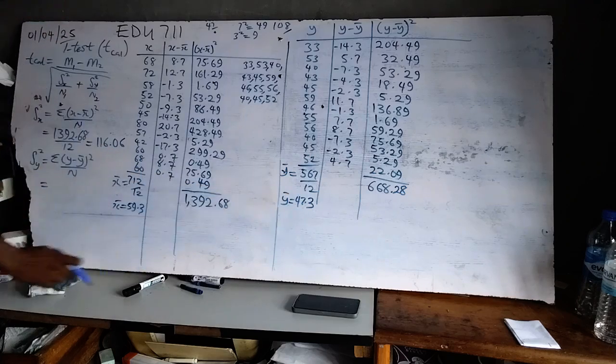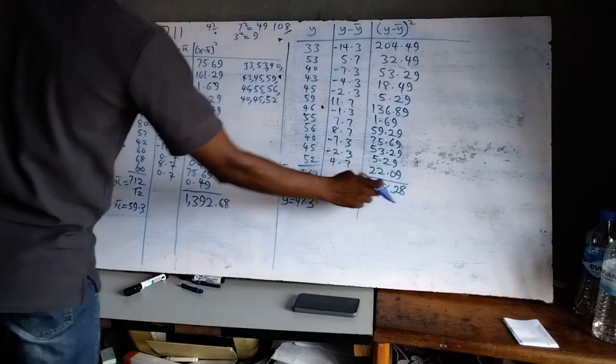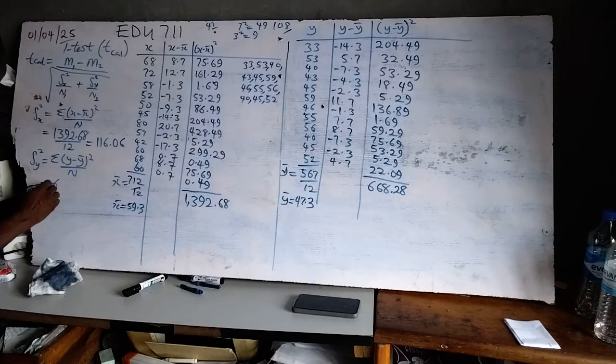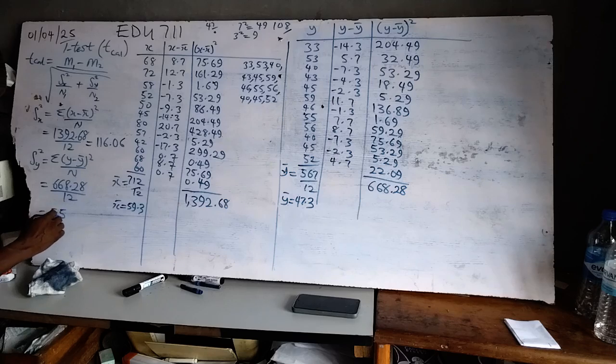our summation of y minus y bar squared, which is this 668.28 divided by 12. 668.28 divided by 12 gives us 55.69.